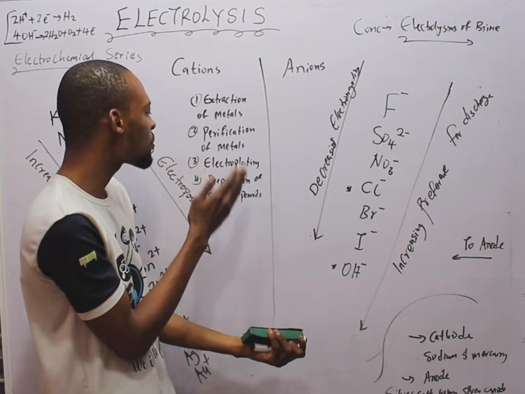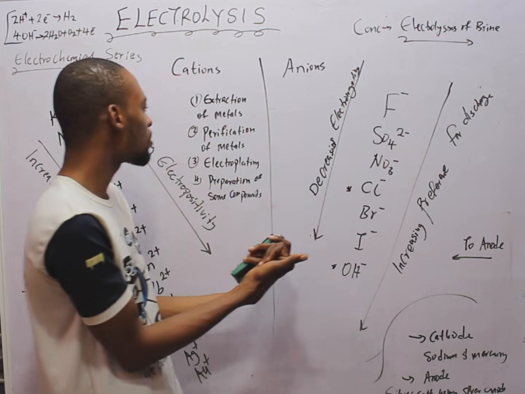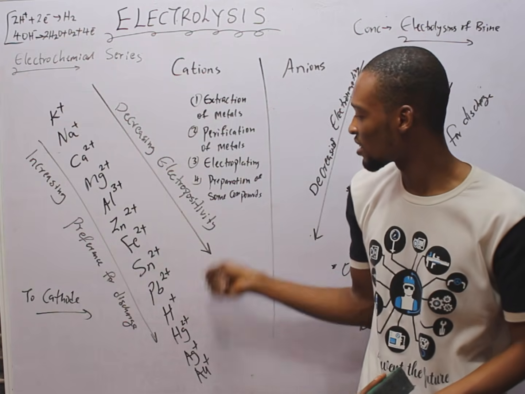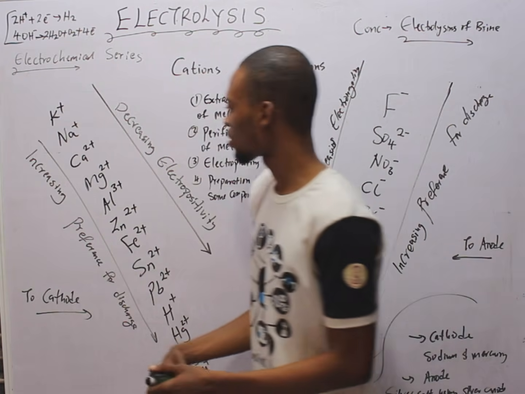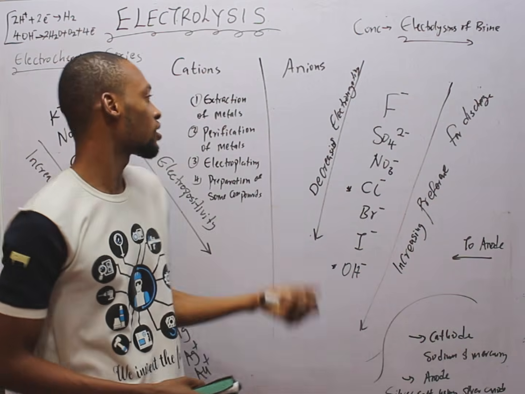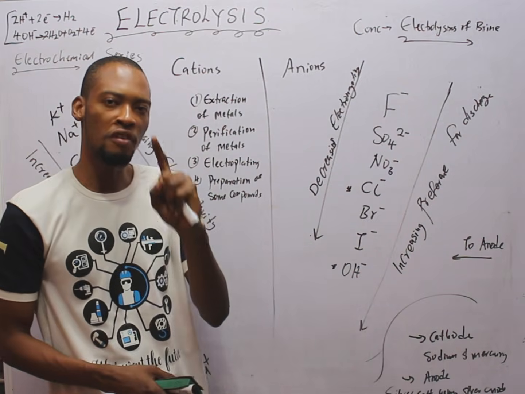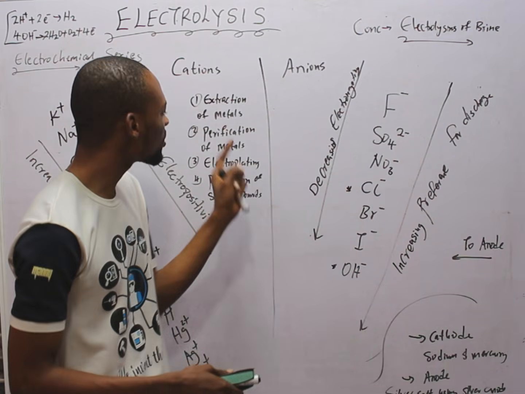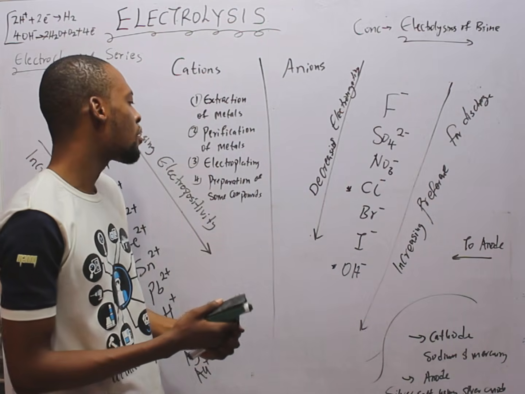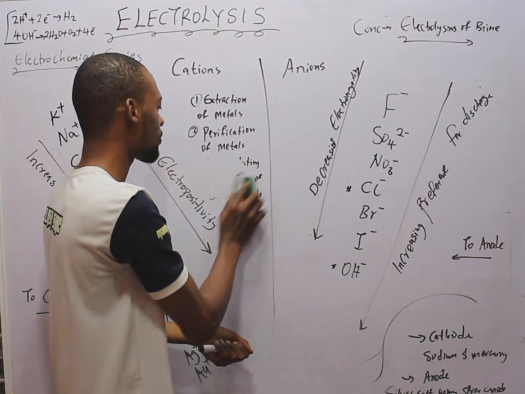And four, preparation of some compounds. Electrolysis is so important that it can be used to prepare some compounds like sodium hydroxide. So these are the four major applications of electrolysis: one, extraction of metals; two, purification of metals; three, electroplating; and four, preparation of some compounds.